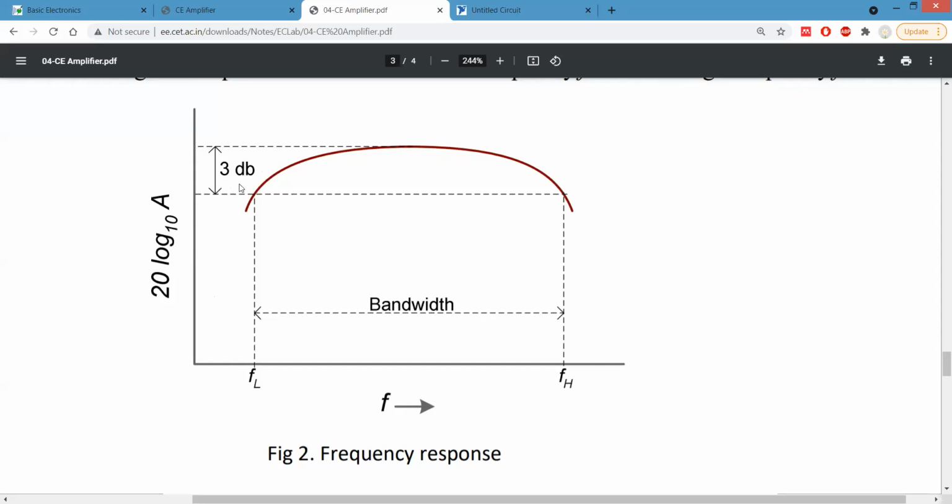What does dB mean? Decibel basically, but do you know this specific scale? As you can see here, it is 20 log 10 A, that is in dB, that 3 dB deviation. Are you aware of these things?